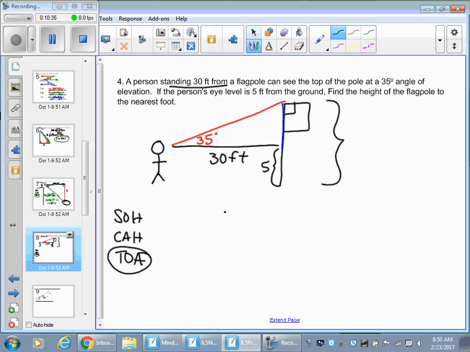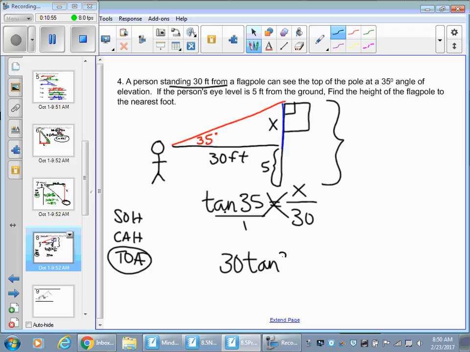So when we set it up, we say the tangent of 35 equals the opposite, which is x, over 30. Cross multiply, and we have 30 times the tangent of 35 equals x. So when we type that all into your calculator, you get x equals 21.